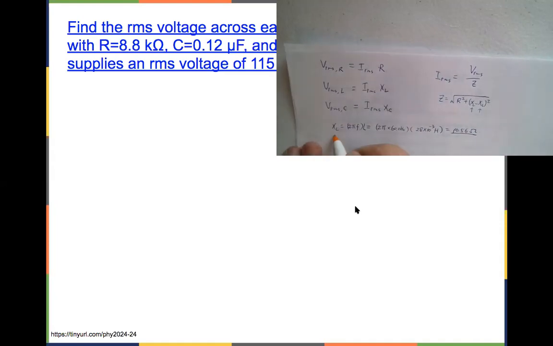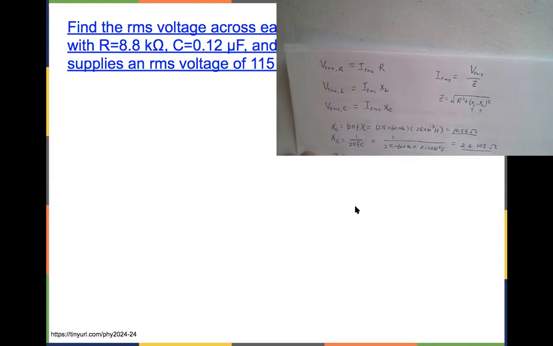For XC it should be 1 over 2 pi F times C, the other way around. So 1 over 2 pi times 60 hertz times 0.12 microfarad. If you do that, it's going to give you 22,105 ohms. This is XC.